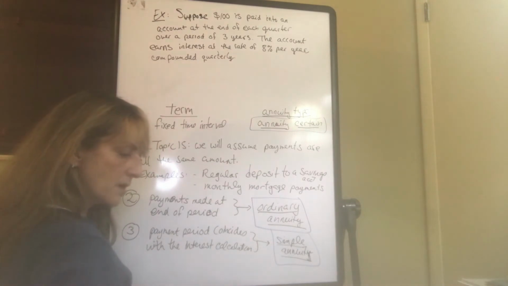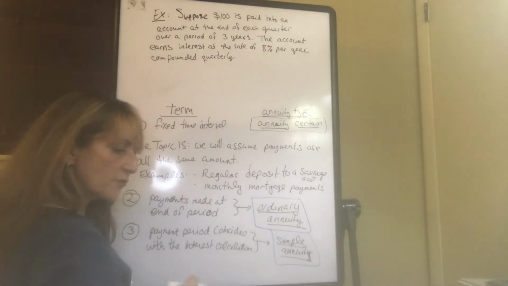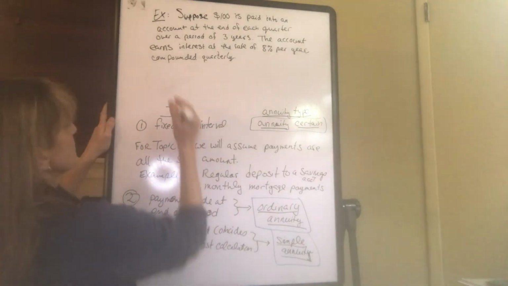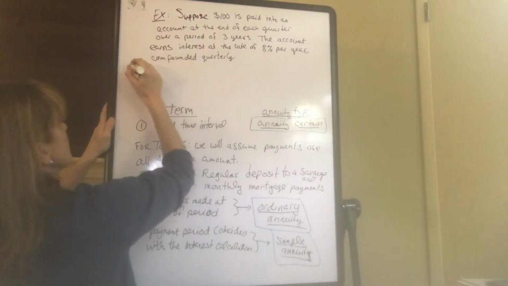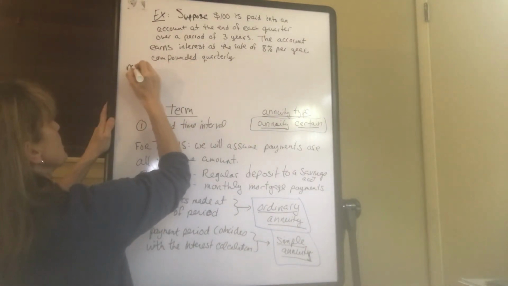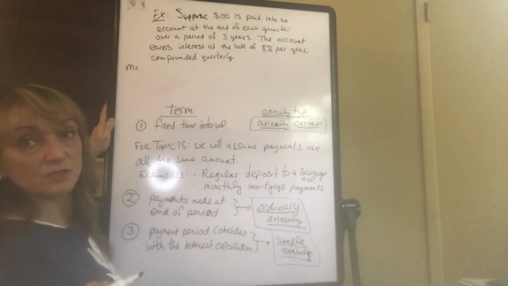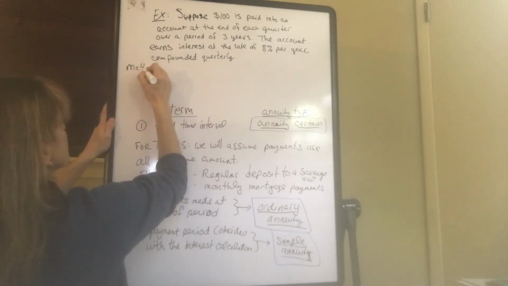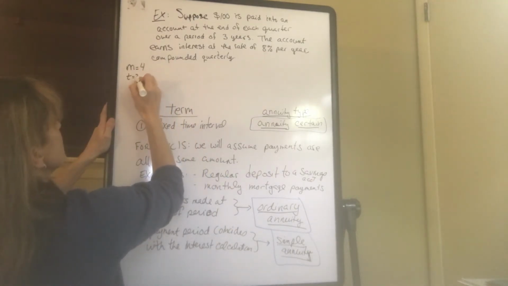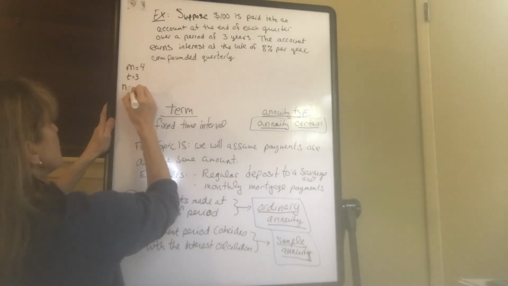Okay, so if you think about this, we're going to be talking about how many conversion periods. Quarterly is 4, so our M is 4, and our time is 3 years. So our total number of conversion periods is 4 times 3, or 12.